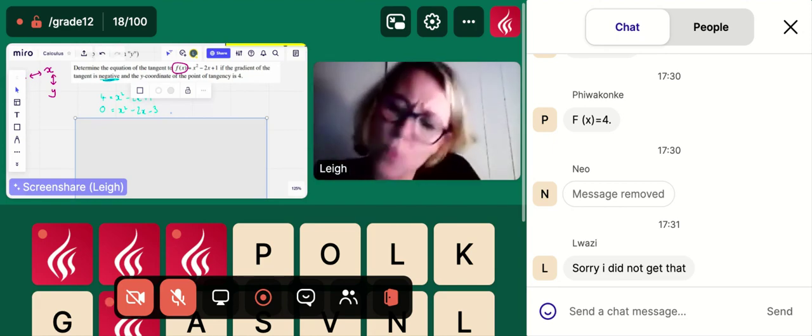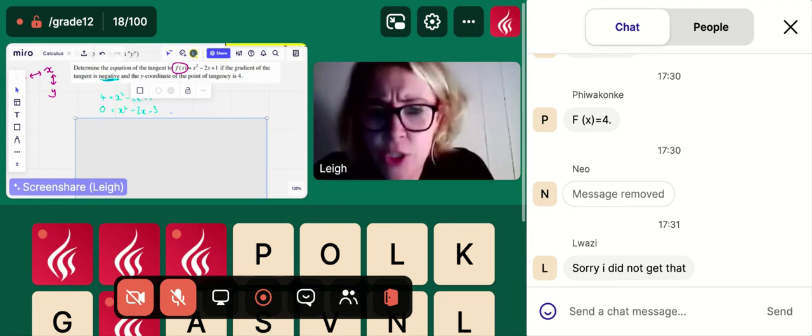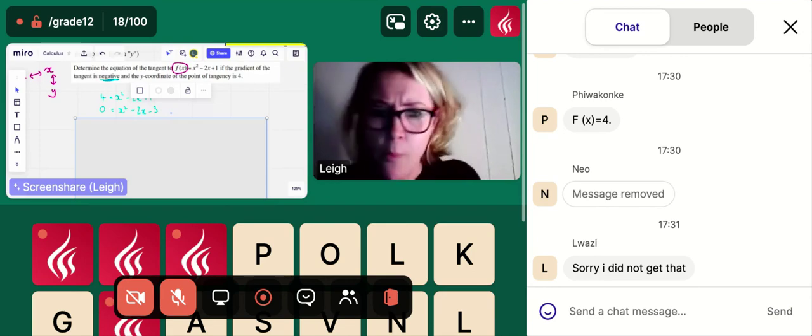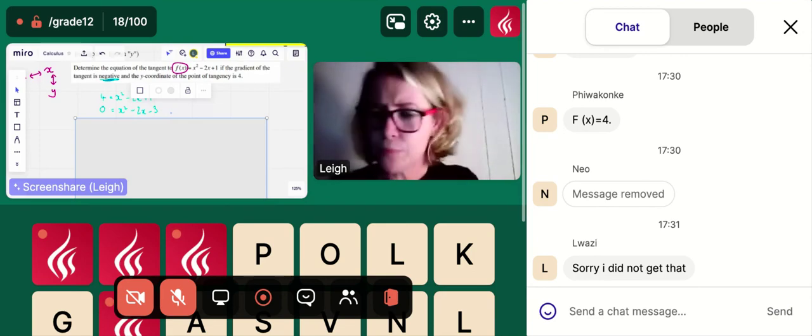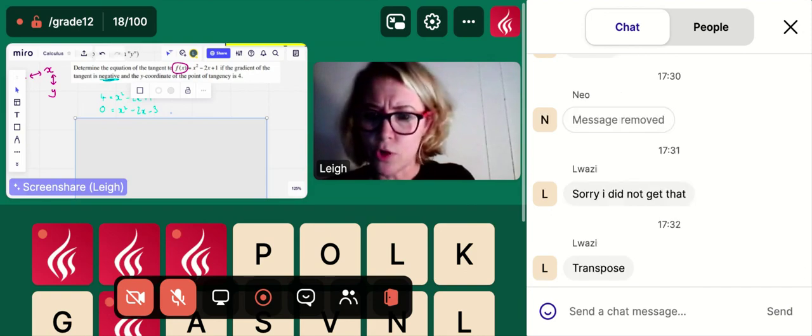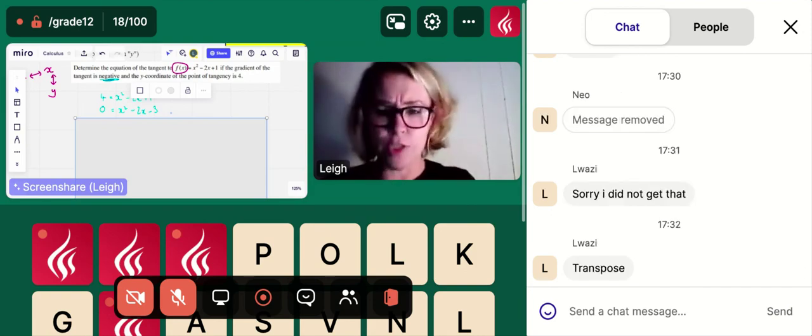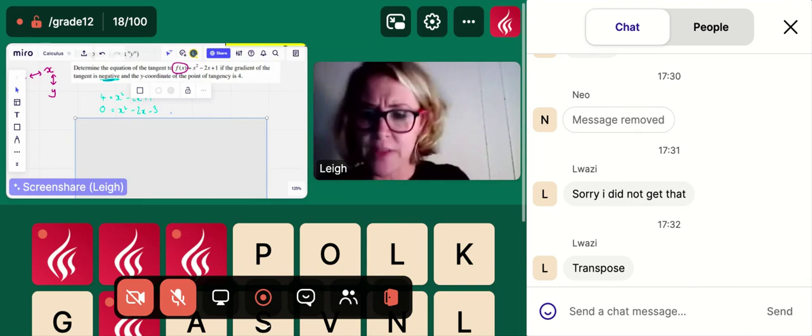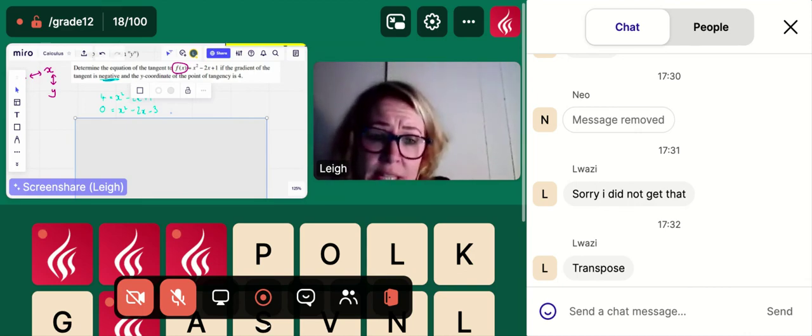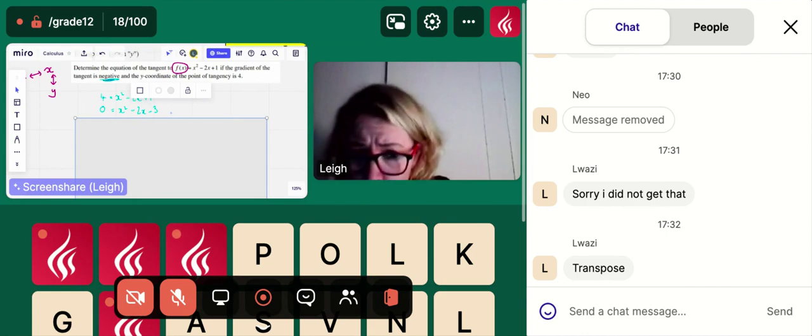What do you think my next step is? Transpose. I've already transposed. I've taken the 4 over to the other side. Because it's quadratic, everything is on the same side and it's equal to 0.